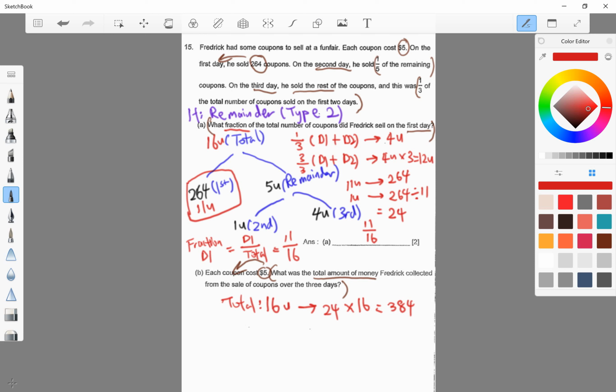But let's not forget that each coupon costs $5. Okay? And we need to ask ourselves, how much money was collected by Frederick over 3 days. So if the total is 16 units, then the next step is to multiply the 384 total number of coupons with the value that they claim it to be. So 384 multiplied by 5.